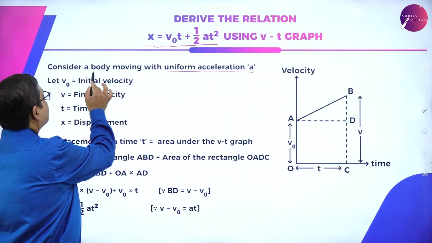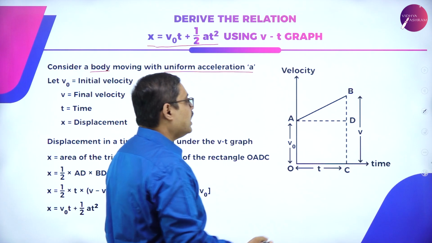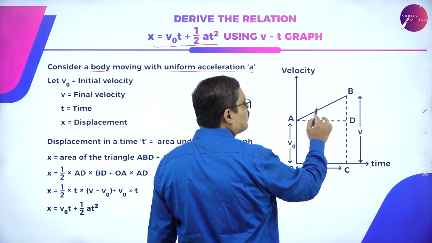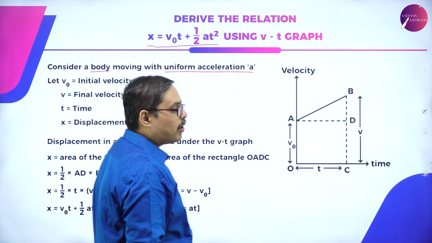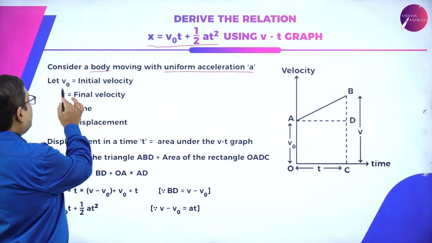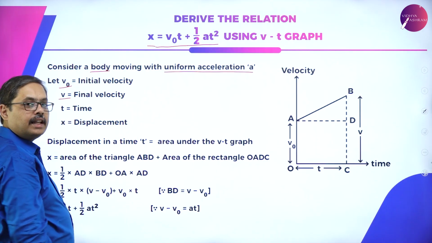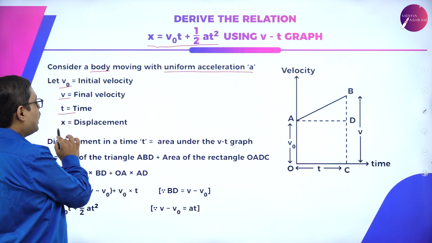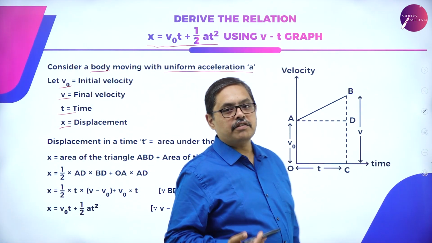Consider a body moving with uniform acceleration a from A to B. I have plotted the velocity versus time graph. Let v naught be the initial velocity, v be the final velocity, t be the time taken, and x be the displacement. So I have taken all the 5 quantities.